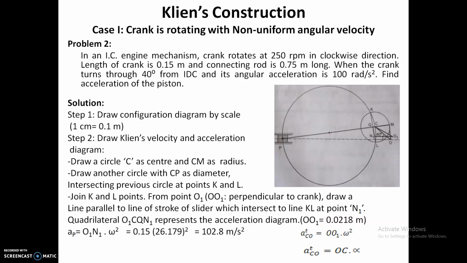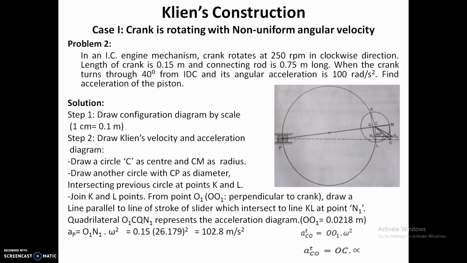From this, OO1 can be determined, and OO1 is equal to 0.0218 meter. You take 0.0218 meter as per the scale, in centimeter length, so OO1 is 0.0218 divided by 0.1, that much centimeter.